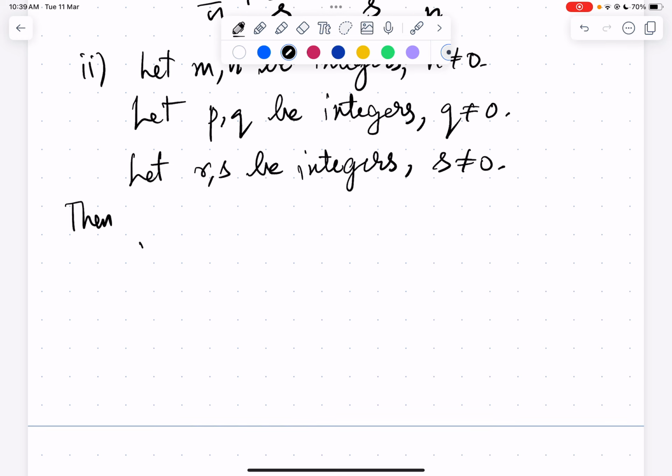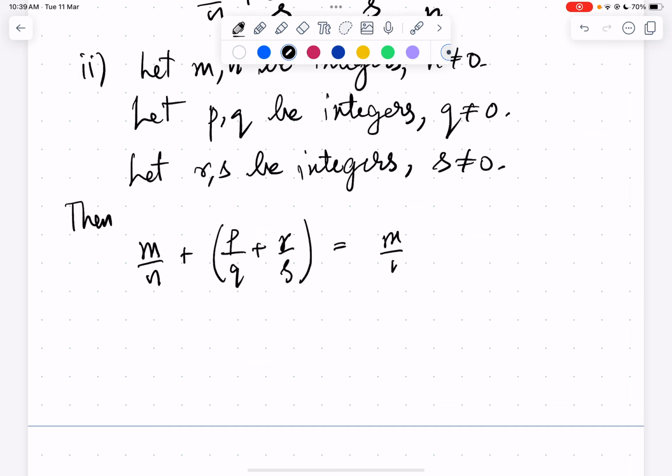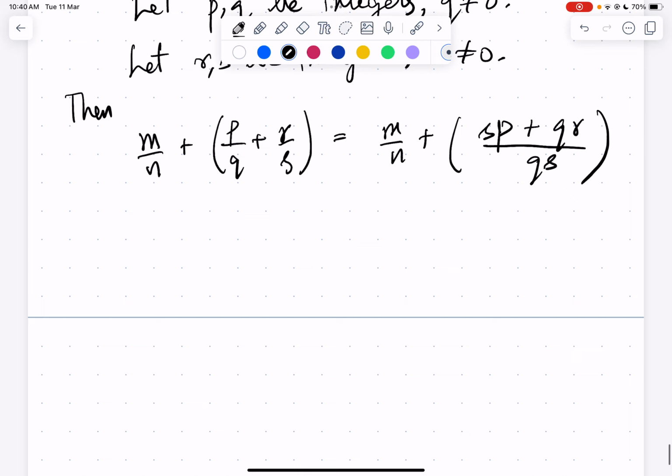Then if we take m by n plus p by q plus r by s, this is m by n plus sp plus qr by qs, if we take a common denominator.